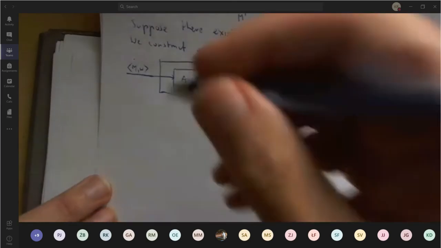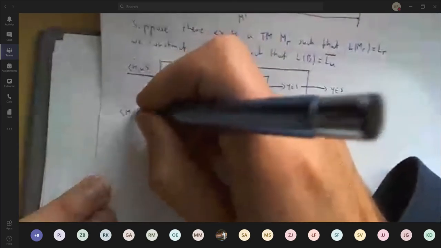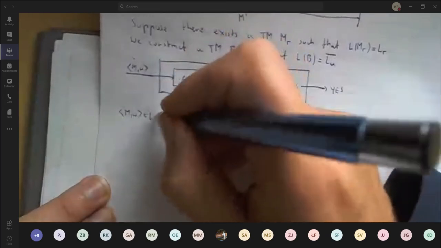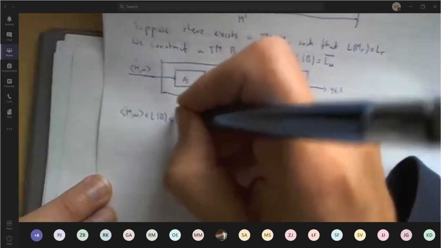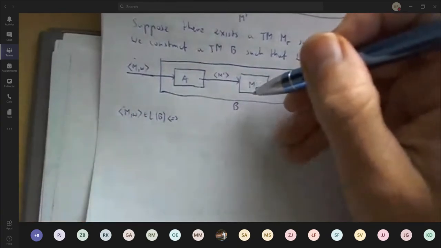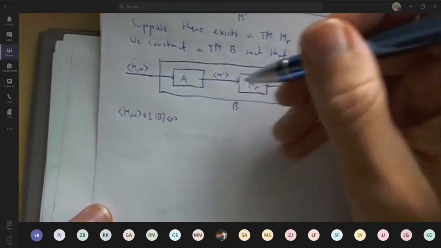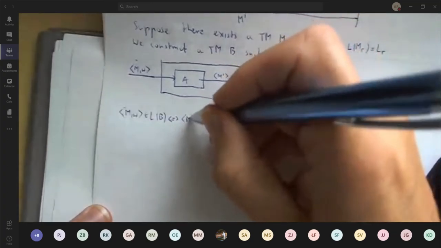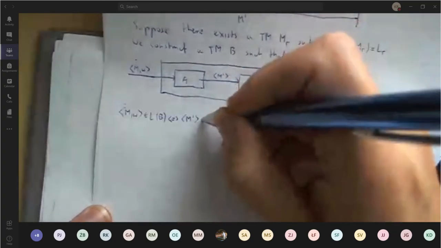So let's see what's going on. So the input string is accepted by B if and only if MR accepts the input.